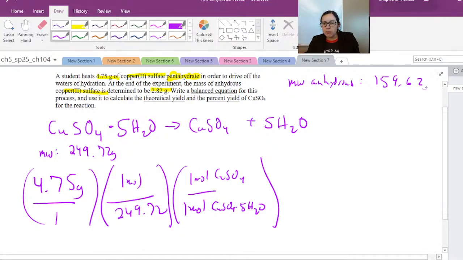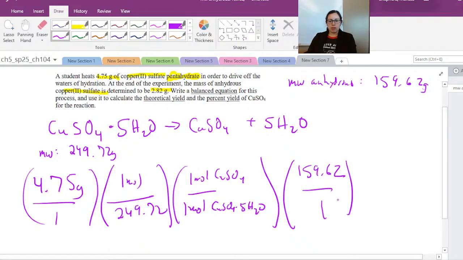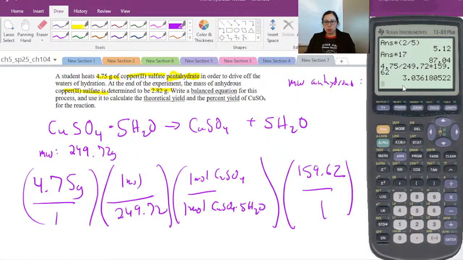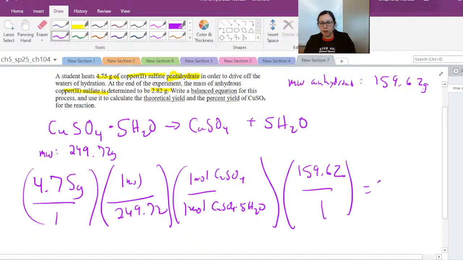I see some more confirmation. Just checking. This is looking good here. Now let's plug it into our calculator. We should get about 3.03 grams or 3.04 depending on your rounding.